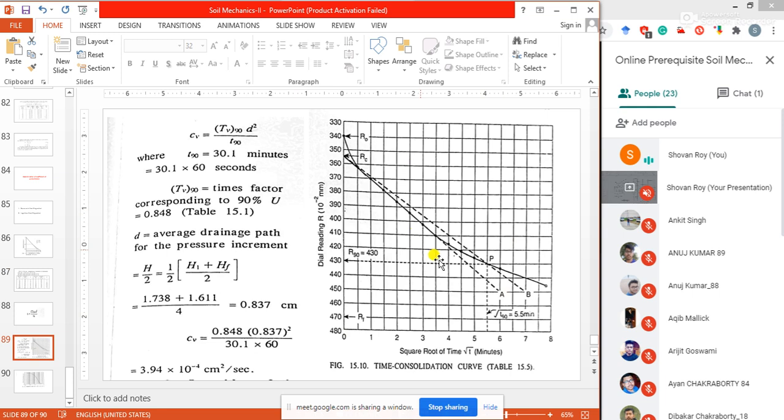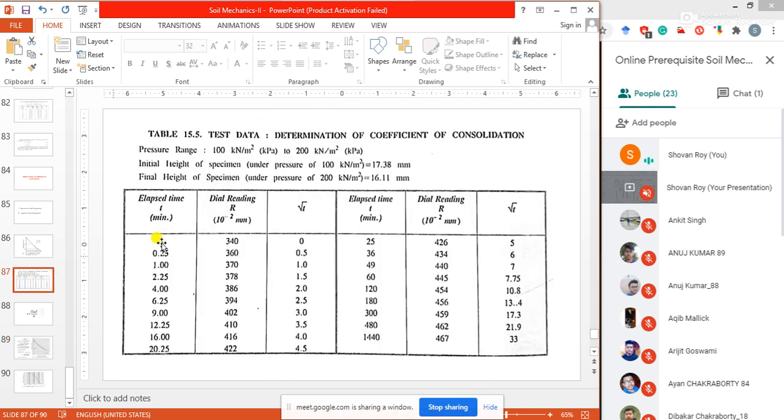In this graph, at the abscissa the square root of time is given, and in the ordinate part dial readings are mentioned. So the y-axis is dial reading and the x-axis is square root of time, which are values available from this table, and we have to collect the dial reading from our laboratory test.